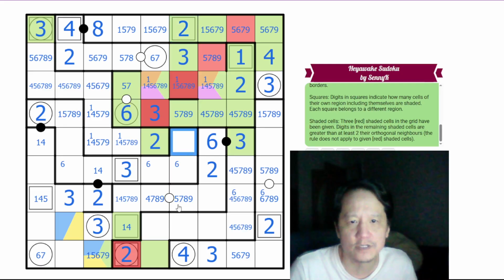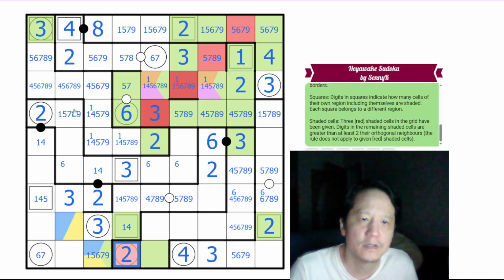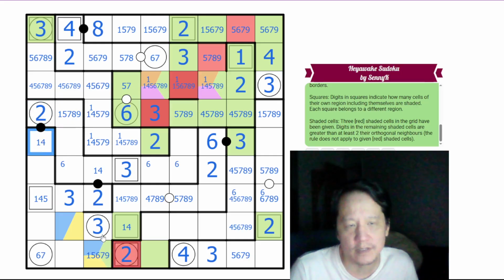So this is unshaded. 2 could have a 1 there and a 1 there. This 2 cannot be next to 2, 1, so this is unshaded. This is given, so we don't care about that one. 2 could have 1 and 1 there. That is possible. This 2 is not greater than any of these, so this is unshaded.